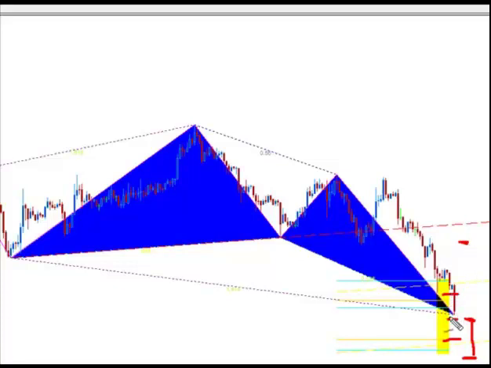So you can scale in and get the best risk versus reward that you possibly can, and then use your B point as your target here, and then you can carry on with your trade that way.